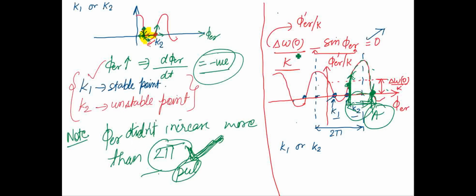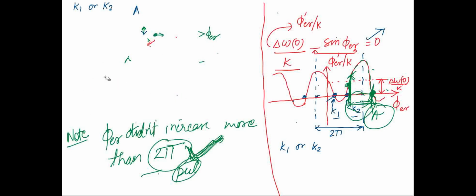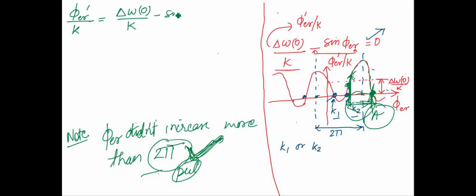Now let me rub it again. So the equation was del omega 0 equal to K sine phi error. So what will be the limit?